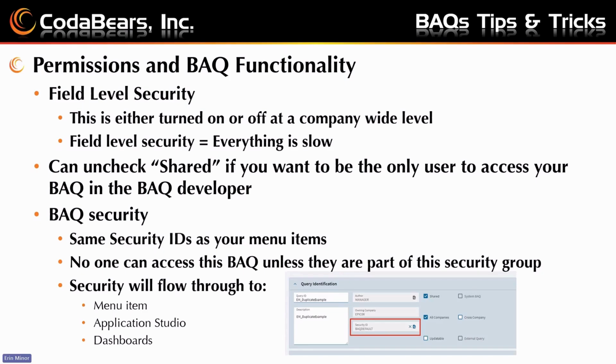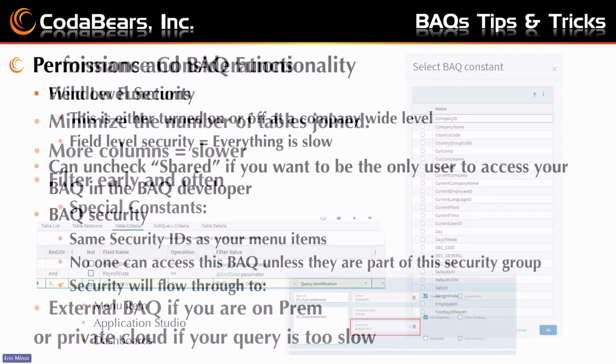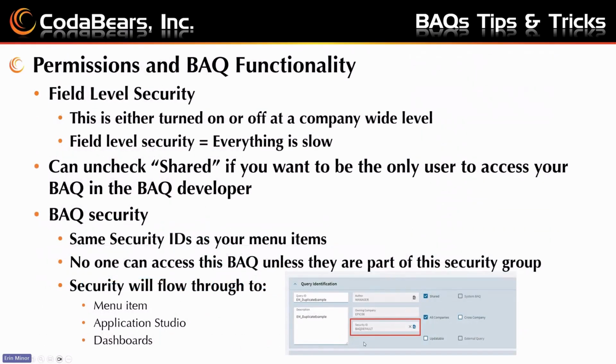Also, when you're going through your query, if you want nobody else to be able to see your query, you can unmark shared right here. Then you will only be able to see it. Just make sure that when you search for it, you uncheck shared, because it'll usually default to searching shared things. Also, BAQ security. You can put security on the BAQ level.